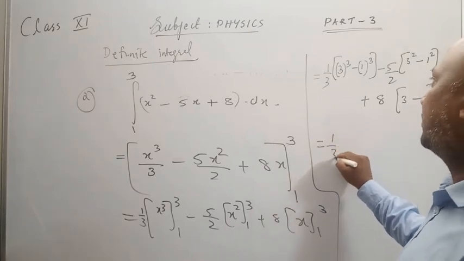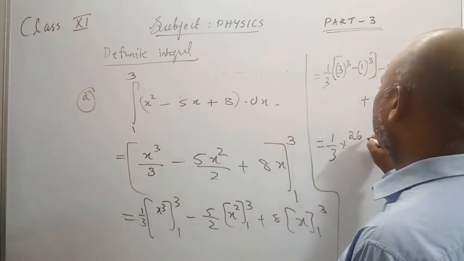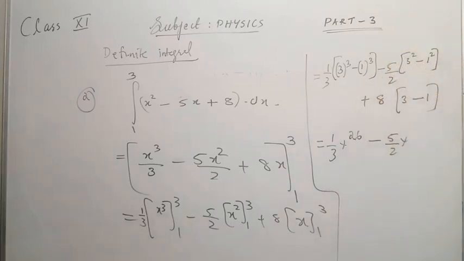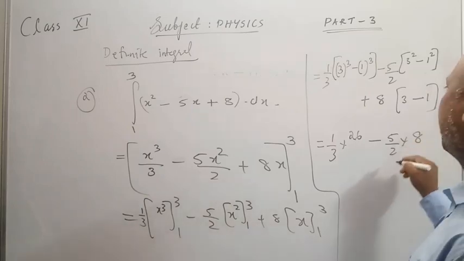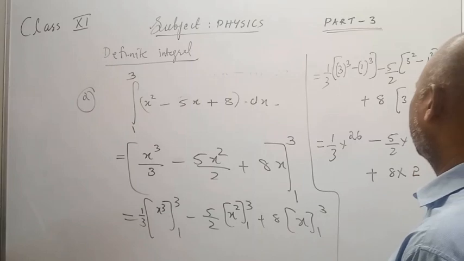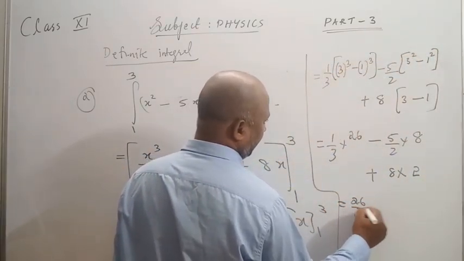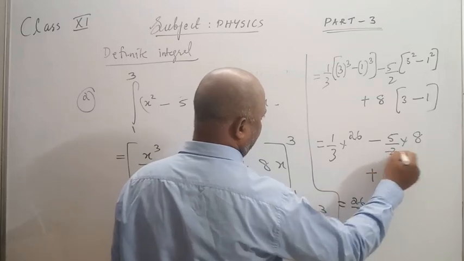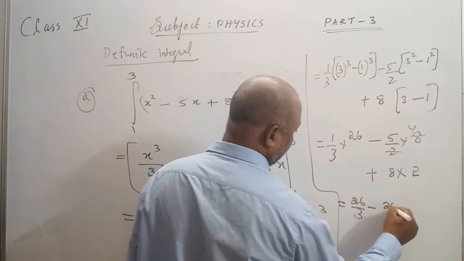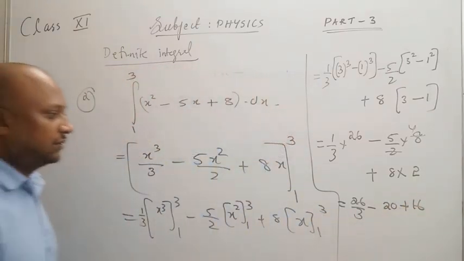So you're getting 1 upon 3 into 3 cube is 27, minus 1, 26. Then 5 upon 2 into 3 square is 9, 9 minus 1, 8. Plus 8 into 2. So your answer is 26 upon 3 minus 20 plus 16.